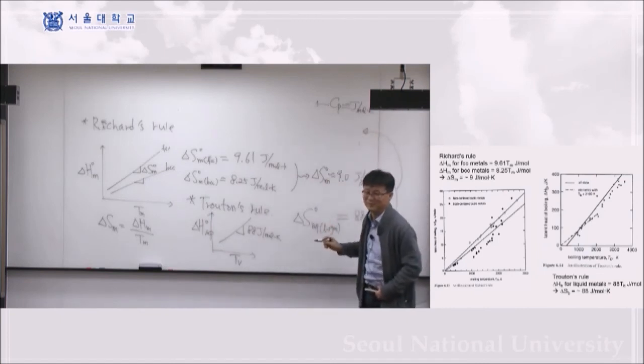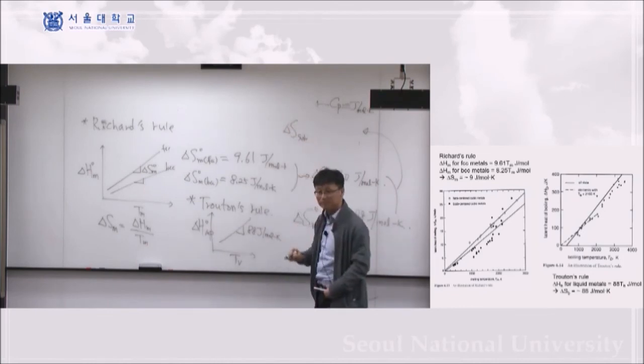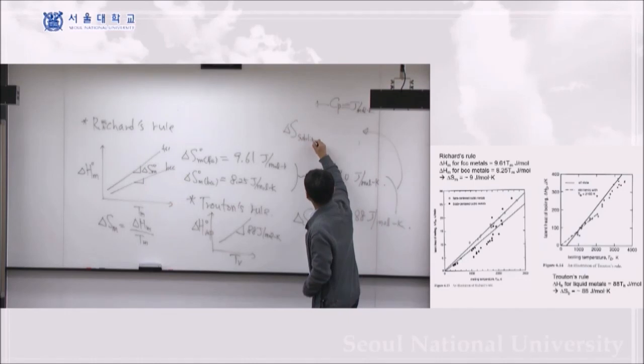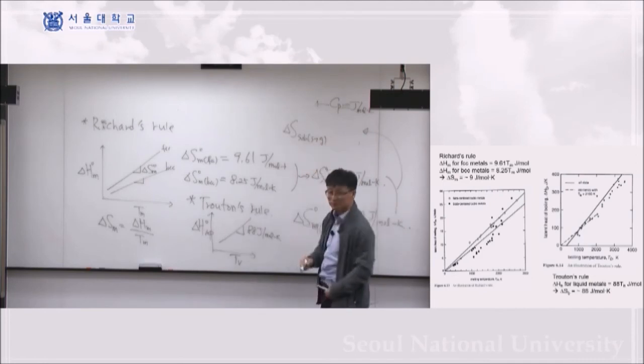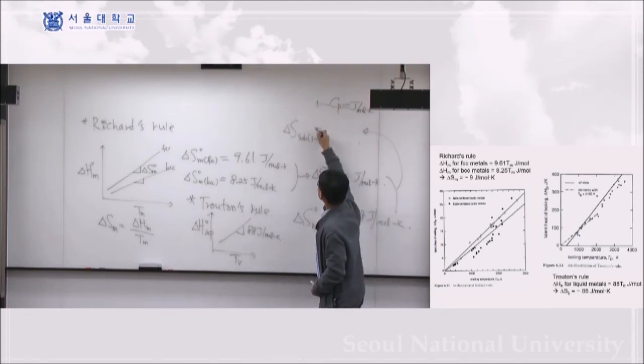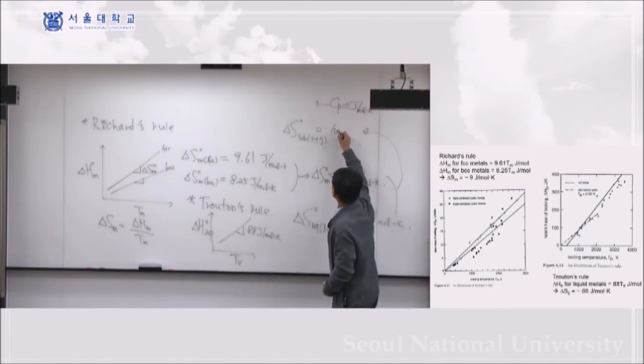Now if I combine these two together, Trouton's rule. Delta S of sublimation: solid becomes gas phase, so it will be the summation of these two, more or less. So about 100.